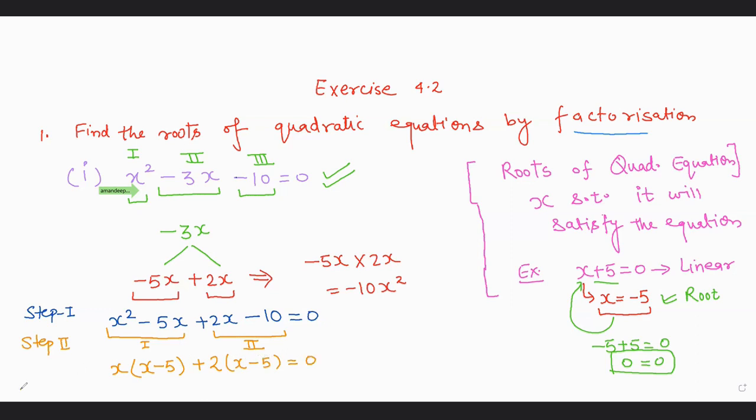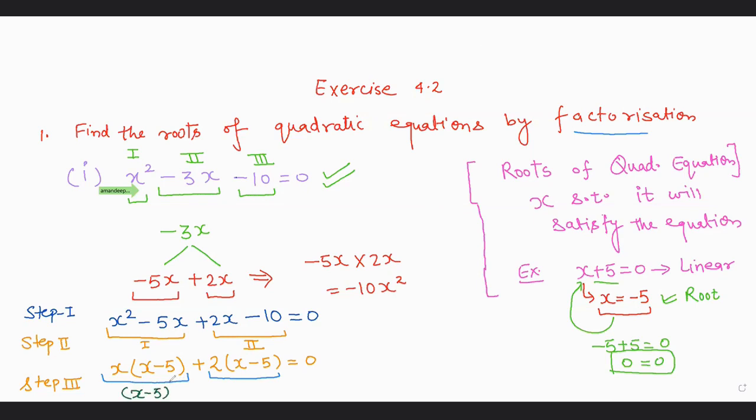Now student, in step 3, again we take the common between these two parts. Here our common factor is x minus 5 in both.